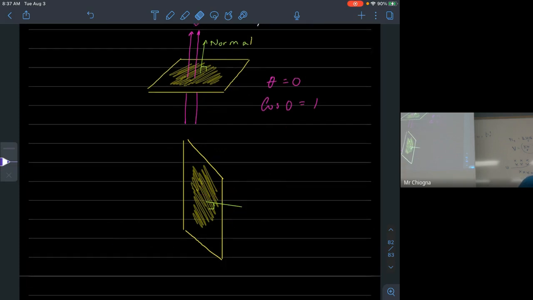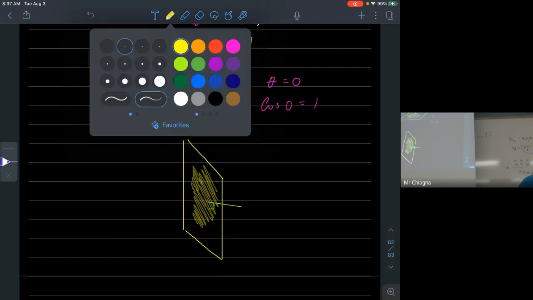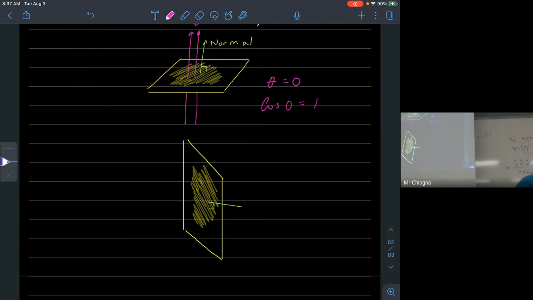So that the field lines are now perpendicular to the normal. This angle here is now 90 degrees.